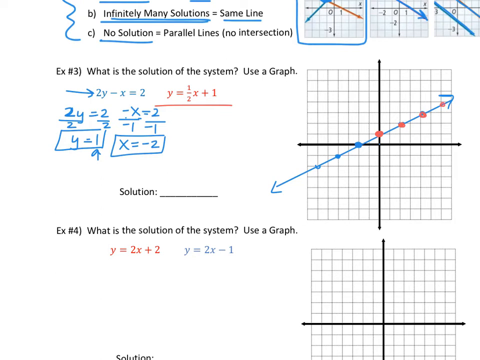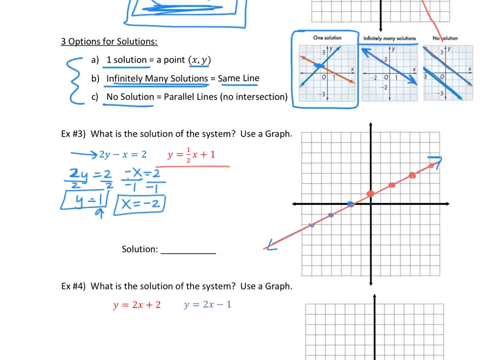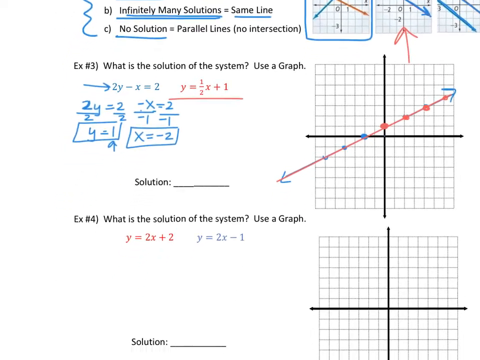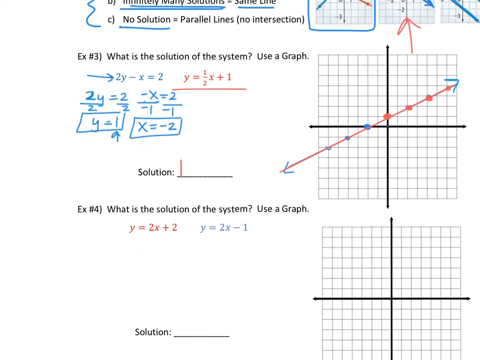What happens is those 2 lines are the exact same line. Okay, do you remember what that solution was when they are the same line? That is infinitely many because every set of points will work here. So your solution is infinitely many.